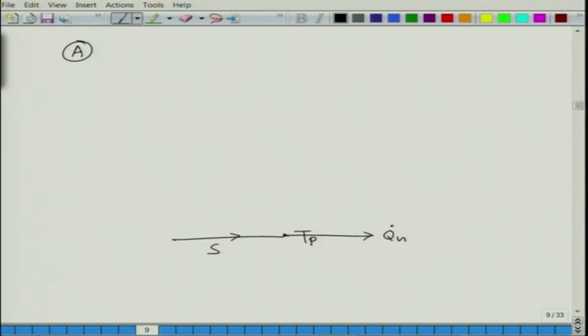The first resistance it faces is between the plate and the first cover Tc1, and then the next thermal node will be Tc2, and the third thermal node would be Ta, which is ambient.